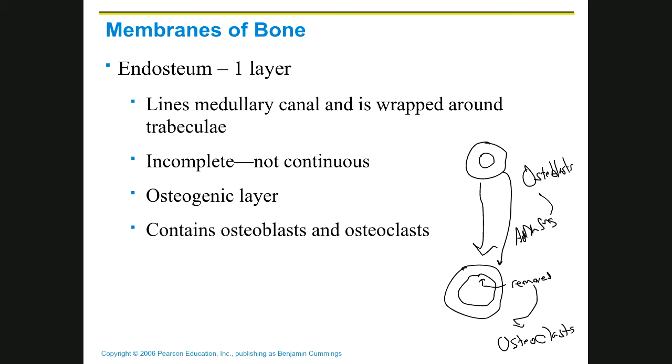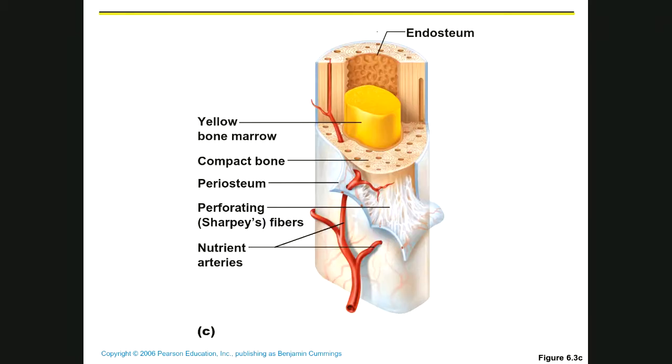Does that make sense to everyone? So bones can change their shape dramatically. So again, here's our periosteum, two layers, and here's our endosteum, just one layer.